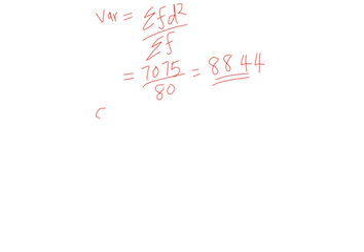Now to get the standard deviation, let me call it SD, we find the square root of the variance.